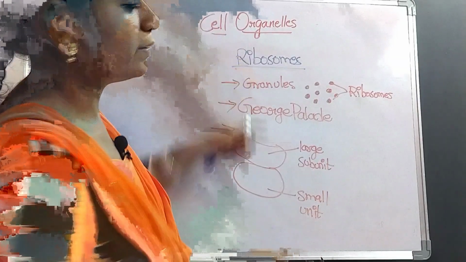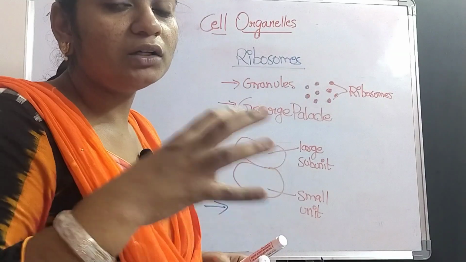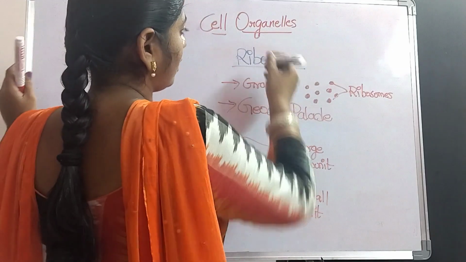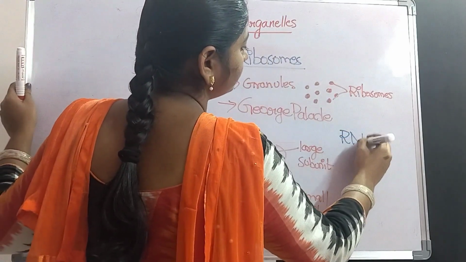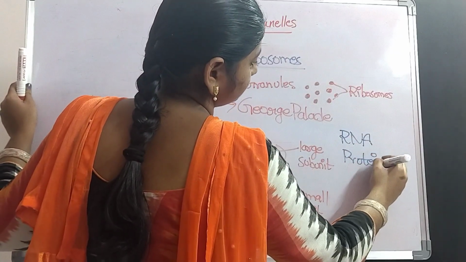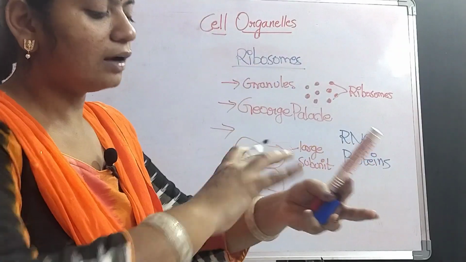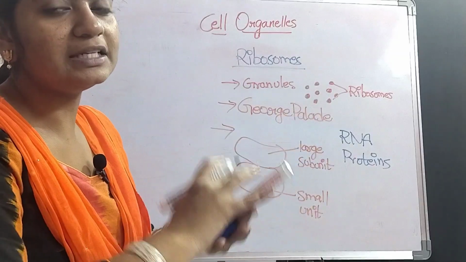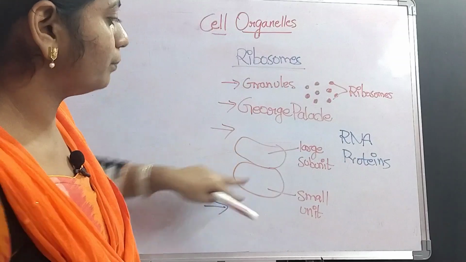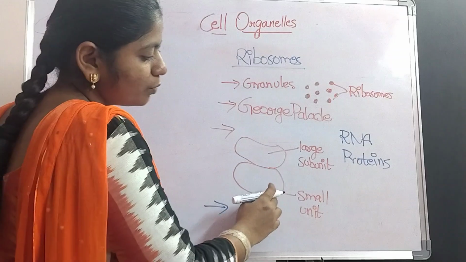What are the components that are present in the ribosomes? The ribosomes are made up of RNA, proteins, etc. Completely the RNA molecules and also the proteins lead to the formation of the ribosome molecules. And the ribosomes contain two subunits. Upper region is called as the larger subunit and the lower region is called as the smaller subunit.